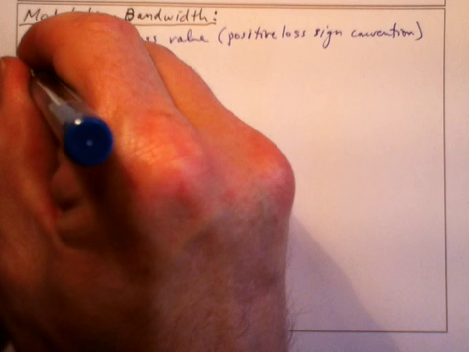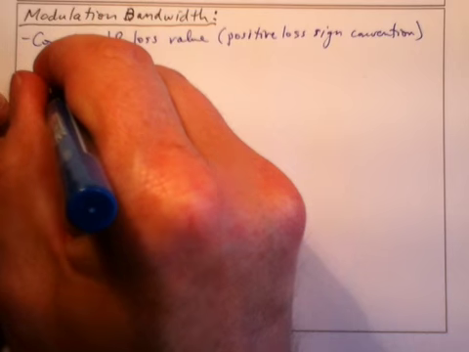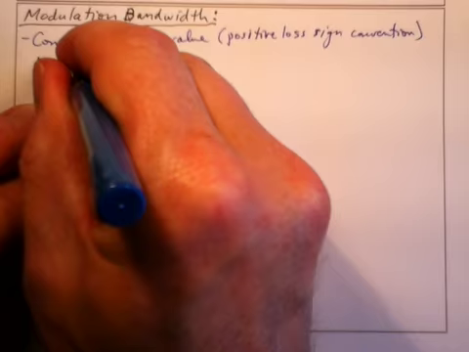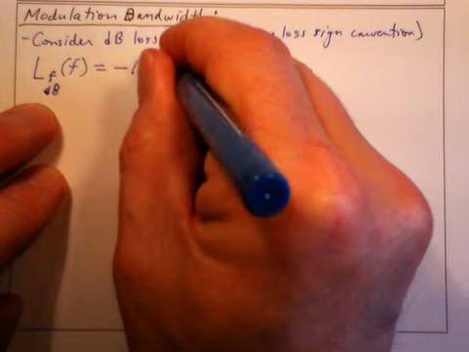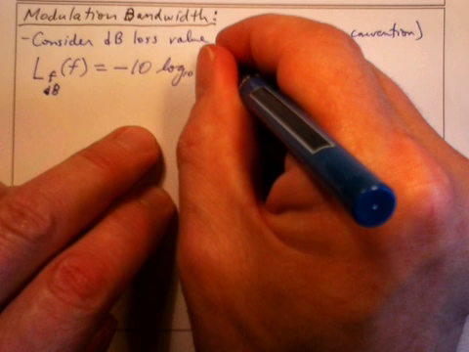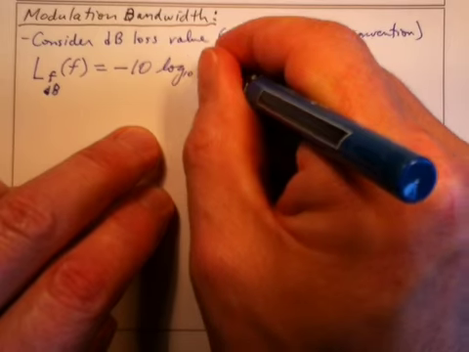So what we'll do is we'll use that definition. We'll go frequency dependent loss in dB units, we'll put a little dB down there to label it, as a function of frequency is going to be minus 10 log 10 of the power ratio, P elect prime over P elect.